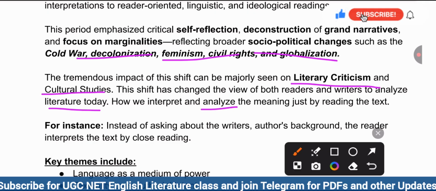Okay. So, for example, instead of asking about the author's background, the reader interprets the text by having a close reading. They are not provided with anything else, but now they just have to focus on what the text is all about, and they will have to find out the meaning.